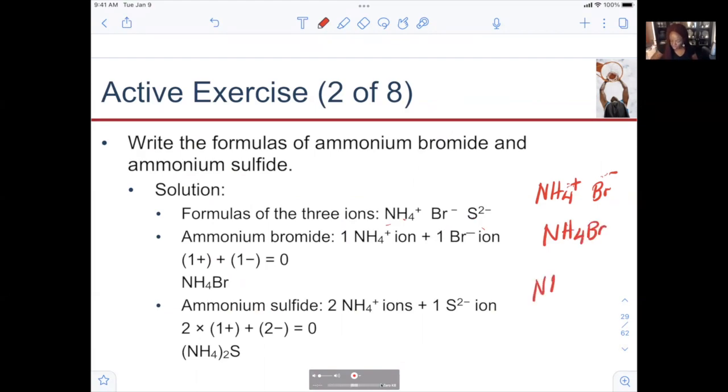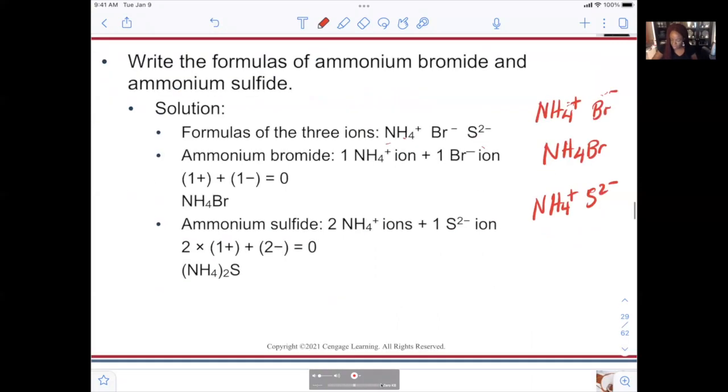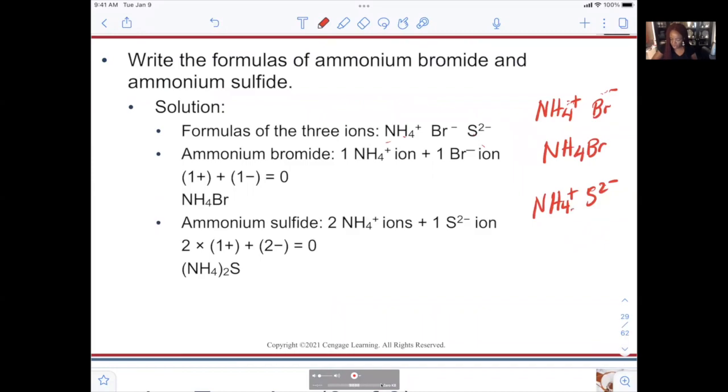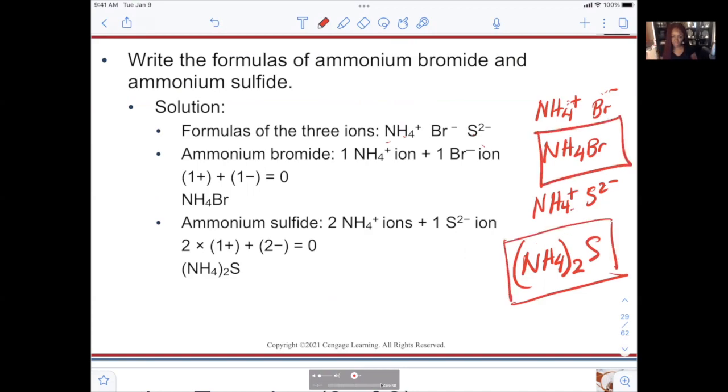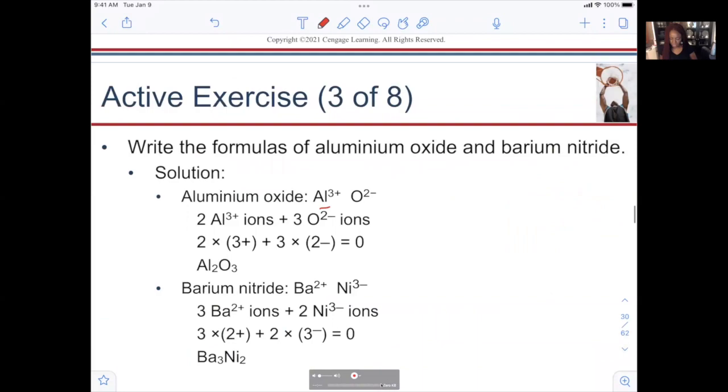And then for NH4 plus and then S2 minus, remember, because you're bringing the 2 down here in front of the 4, you want to use parentheses to shield the 4 from the 2 so it doesn't look like NH42 and then S, okay? So these are our answers right here.